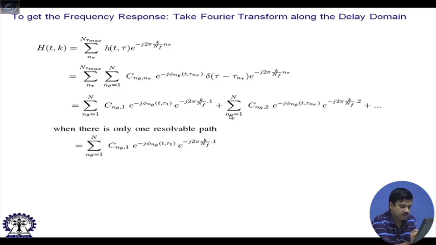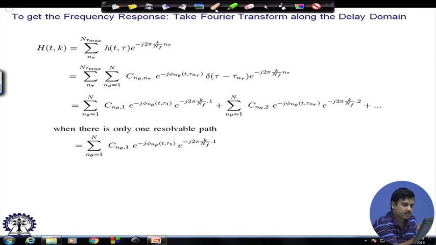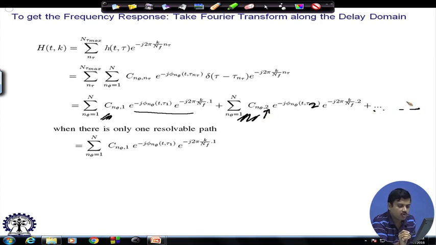You can clearly see in the second expression that it is getting expanded over the delays. What we have done at this point is this is due to the first delay, a sum over all multipaths. This is the sum over all multipaths at the second delay, and so on. So this should be tau 2, that means the second delay, and so on for all the resolvable delays.